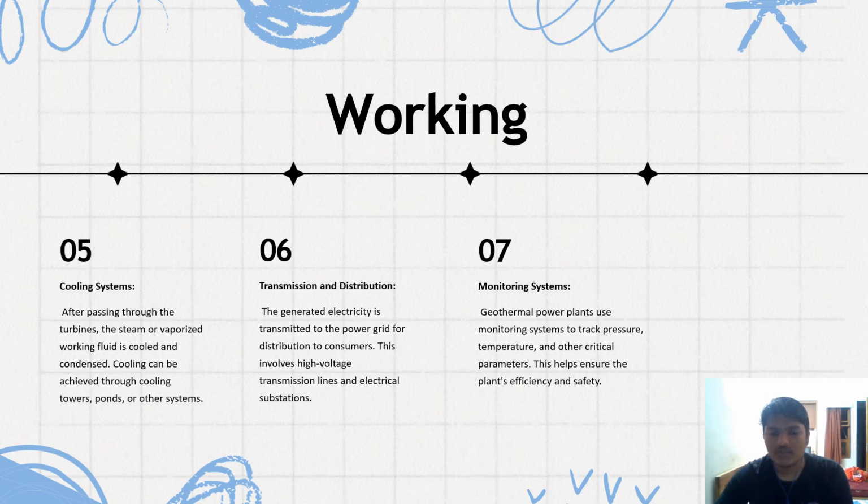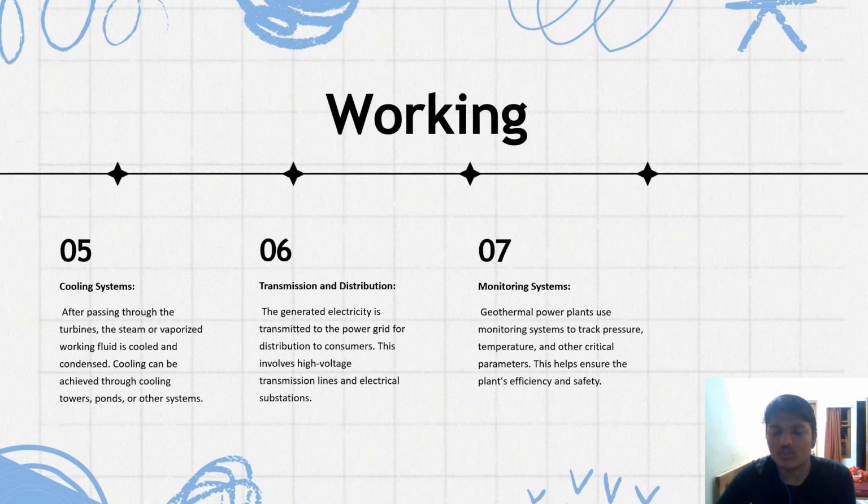Transmission and distribution. The generated electricity is transmitted to the power grid for distribution to consumers. This involves high voltage transmission lines and electrical substations. As we know, the turbine has generated the electricity, now it's time to deliver it to the consumers. This can be achieved through various steps, like providing it to the main transmission lines and electrical substations.